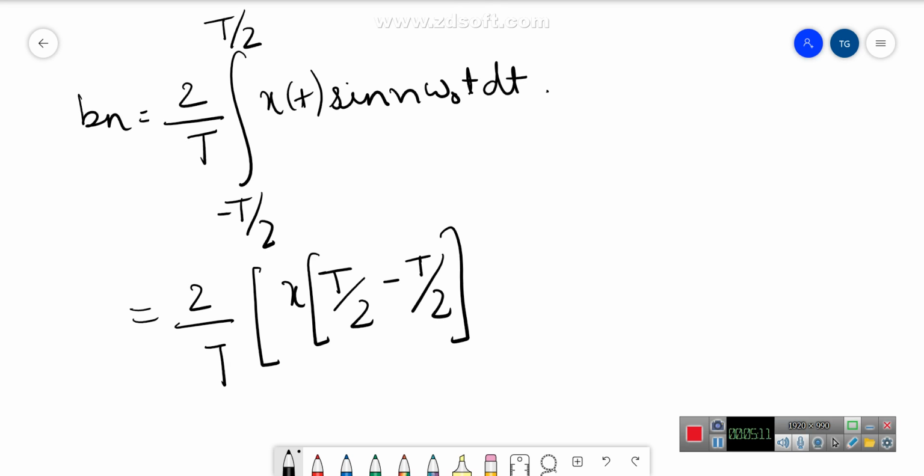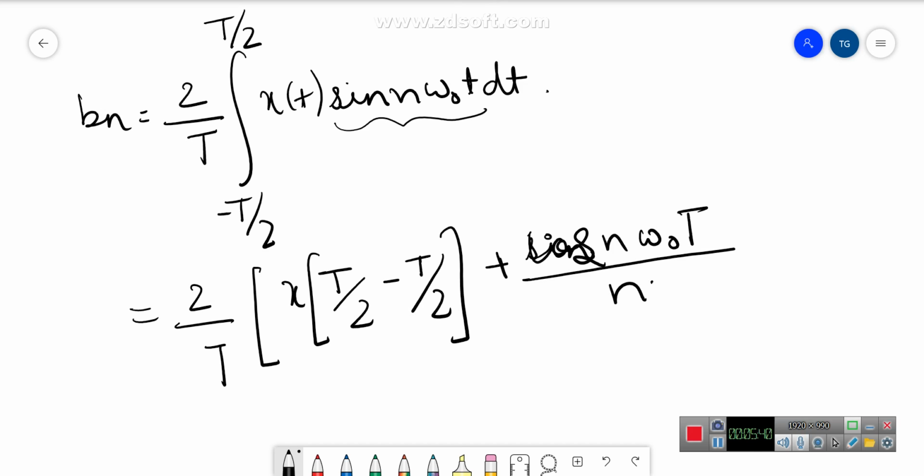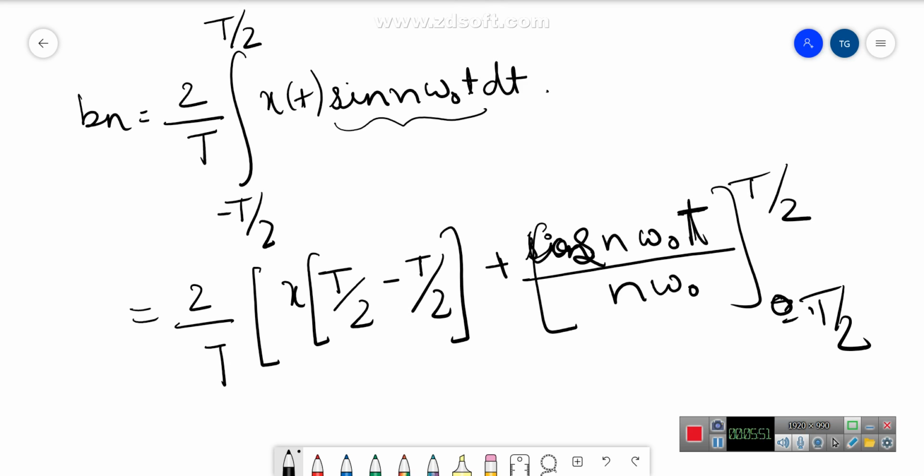Integrating sine gives minus cos, divided by n omega naught, from small t equals minus T by 2 to plus T by 2.